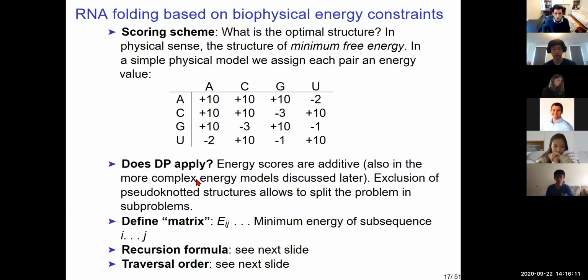So first of all, our scoring scheme, in order to find this optimal structure, is going to be the minimum free energy. And in a simple physical model, we can assign every pair an energy value. So remember, A can pair with U, and C can pair with G, and G can pair with C, and U can pair with A. So that diagonal is what has the minimum free energy.